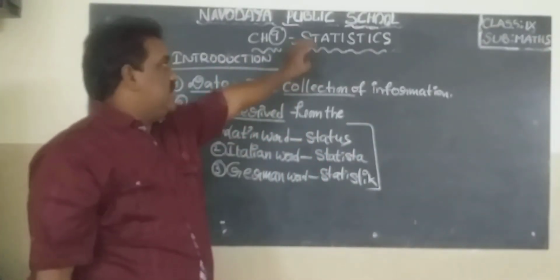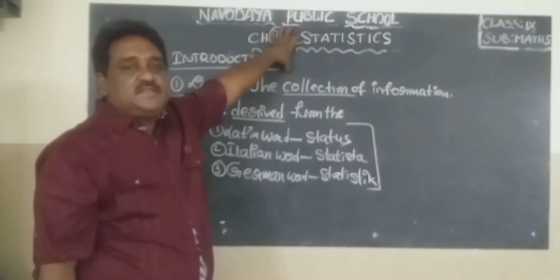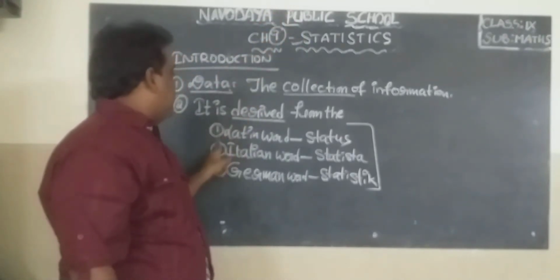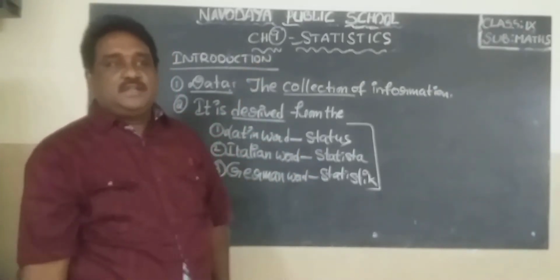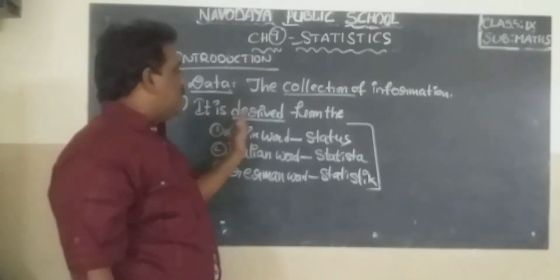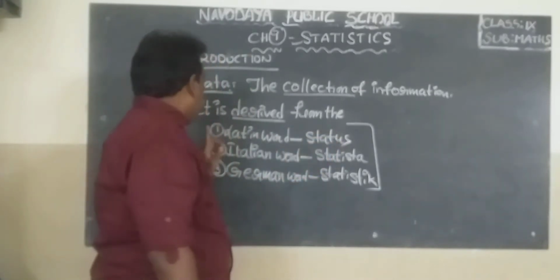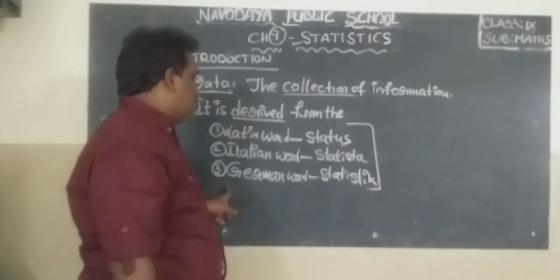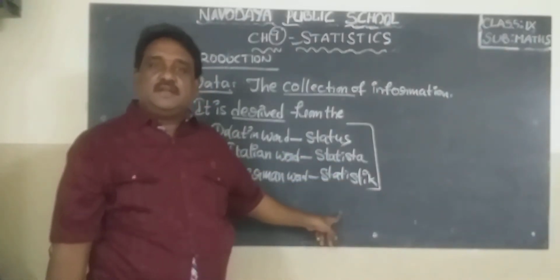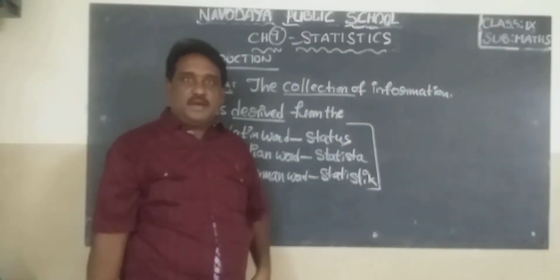The word statistics is derived from the Latin word. What is the Latin word? Latin is the language. From the Latin word status, Italian word statista, German word statistic. See, all the three words are important.